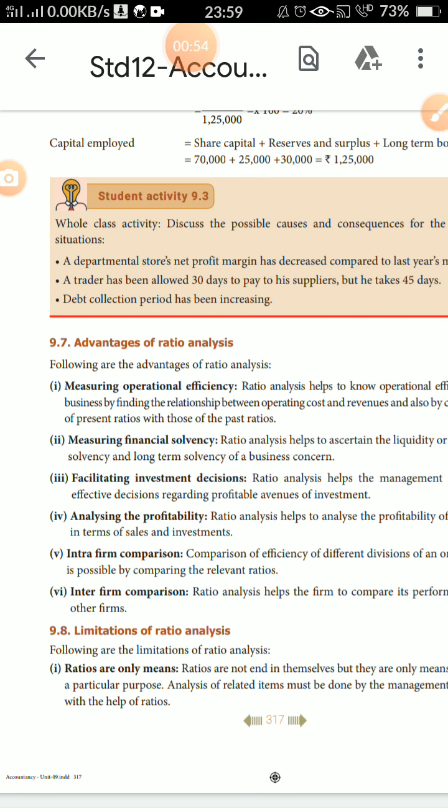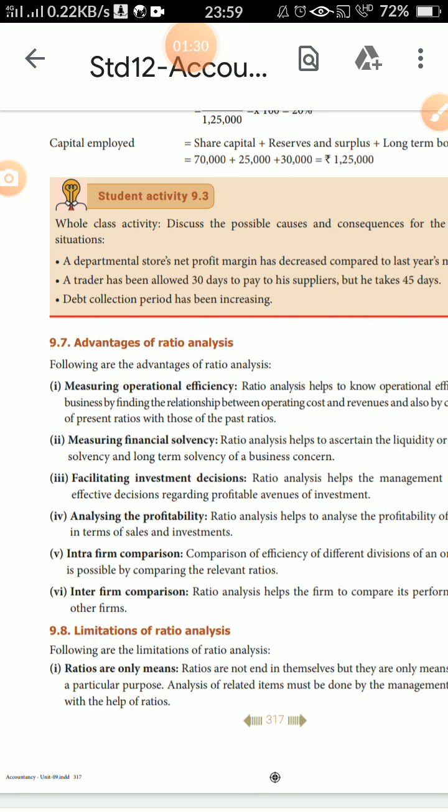The profitability ratio is used to find methods: gross profit ratio, operating cost ratio, operating profit ratio, net profit ratio, return on investment. Five methods of profitability ratio analysis. Today we are learning about advantages of ratio analysis.